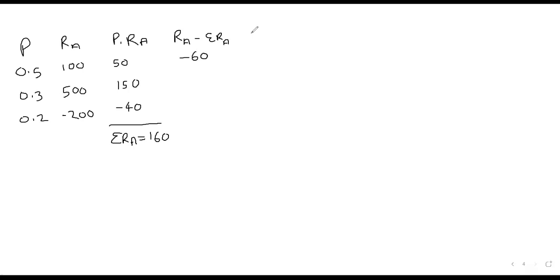And we square it and multiply by what? The probability. So what is 60 squared times the probability? What are we getting?